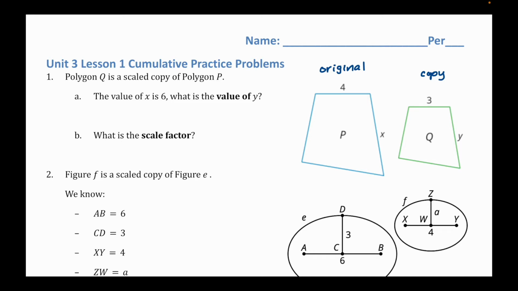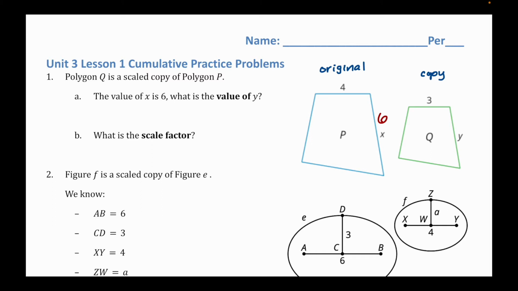So if they're telling me the value of X is 6, I'm actually just going to write that here as 6. And they're asking me what is the value of Y. So we can set up a proportion here. I have 6 and 4 and Y and 3. We can either set up a relationship between the others or between the same pieces, either way.